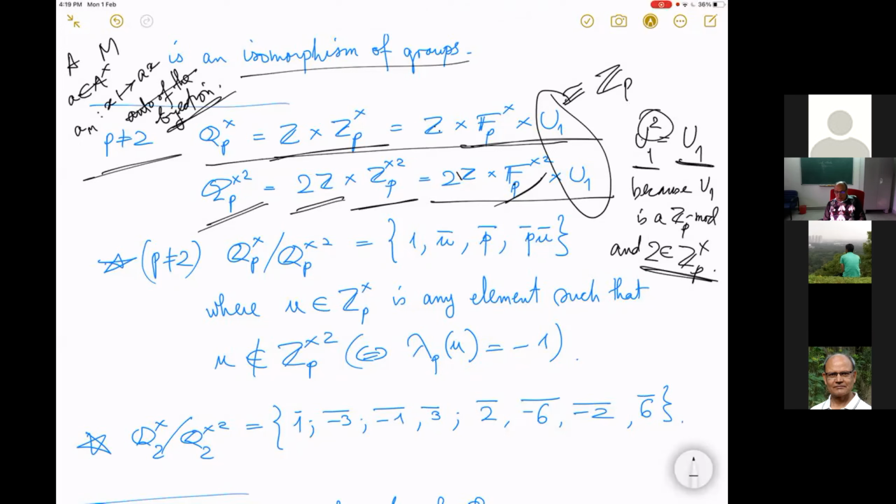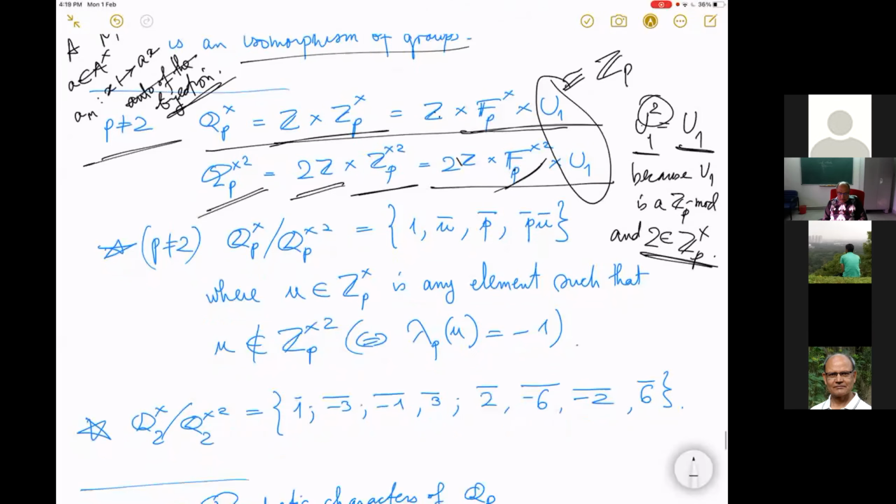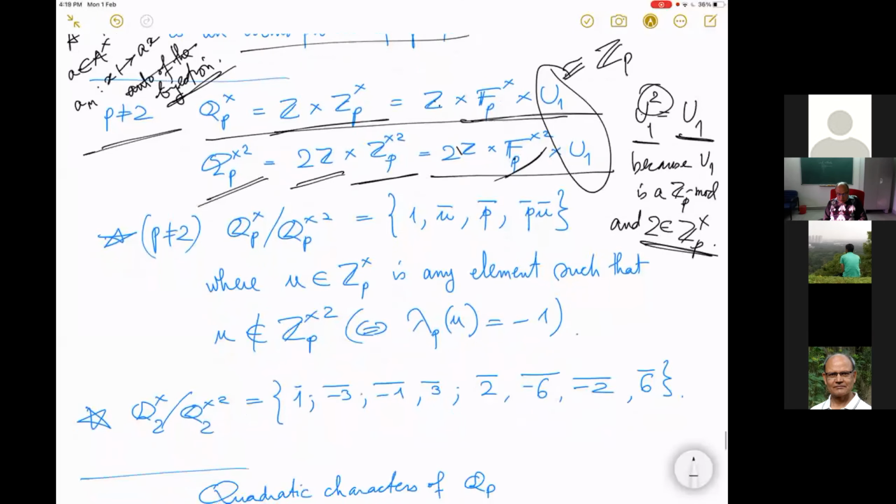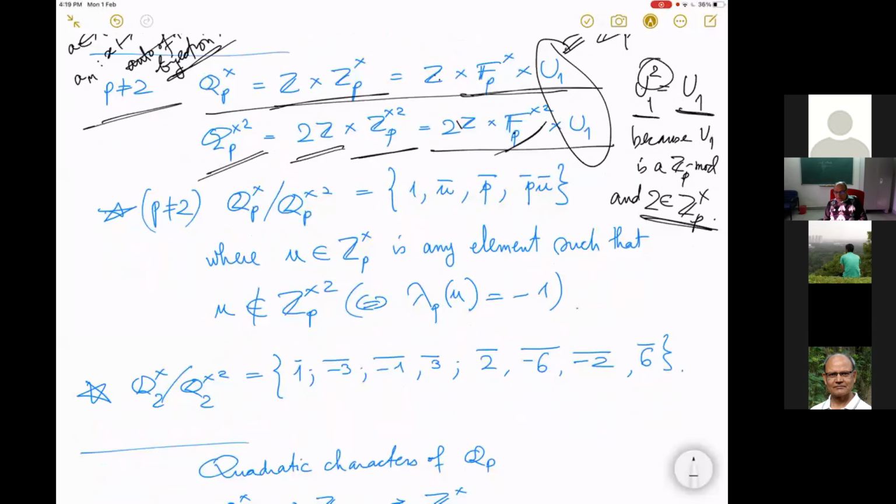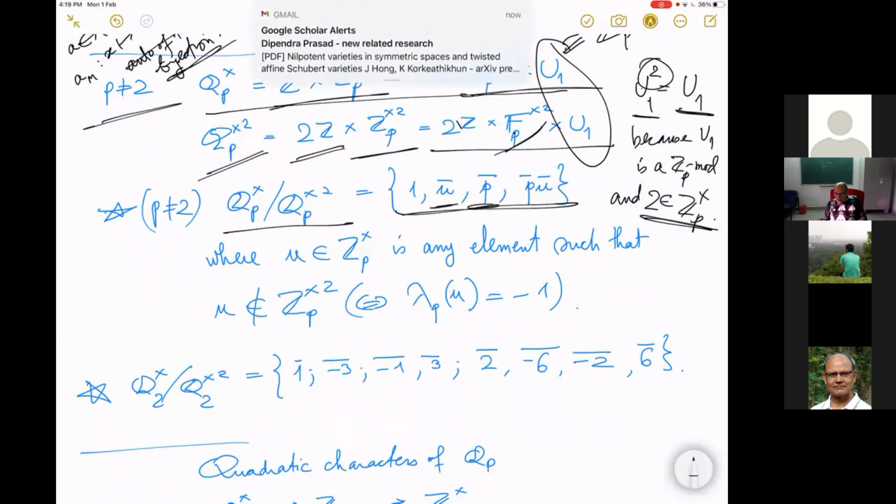Everything in U1 is a square. So what's the result of this? It is that Qp modulo squares just consists of these 4 elements: 1, u bar, p bar, p bar u bar.